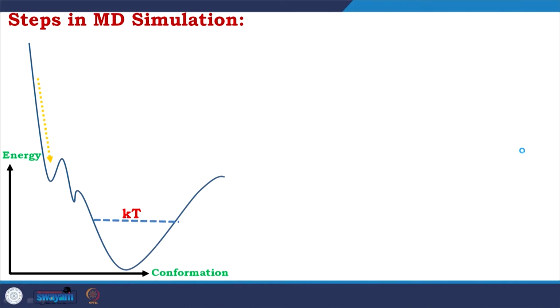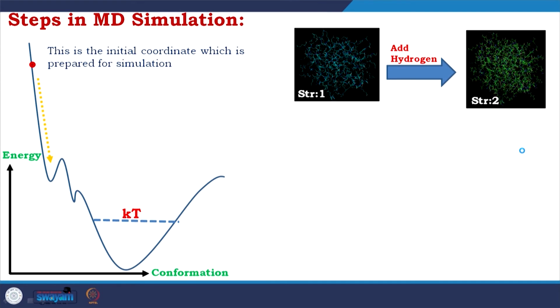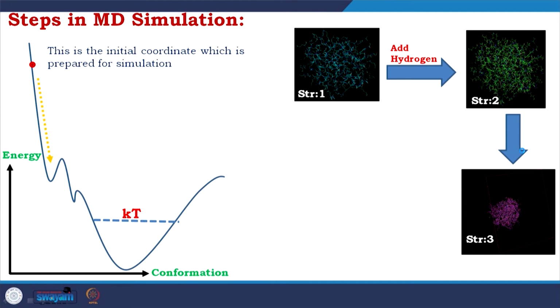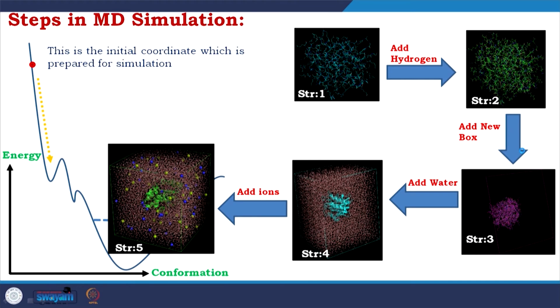Let's discuss that. You remember this, I talked about how we have an initial coordinate which is prepared for simulation, then we add hydrogen, then we add a box, then we solvate it, add water, then we add ions, and we get the final structure.